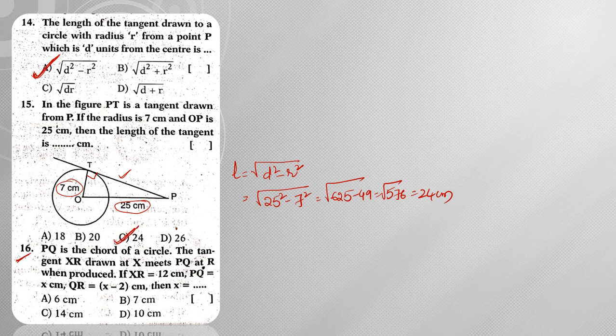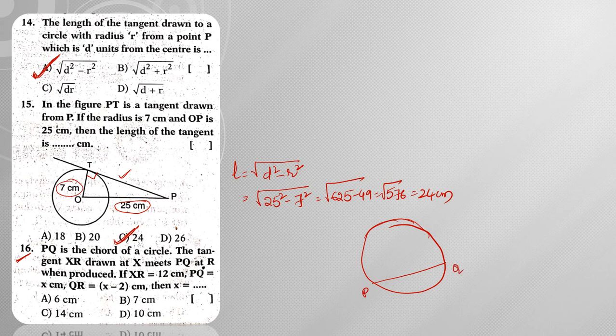Next, 16th question. This question is very important. PQ is a chord of a circle. So there is a circle given, and in this circle, PQ is a chord. So what has he given? PQ is a chord.